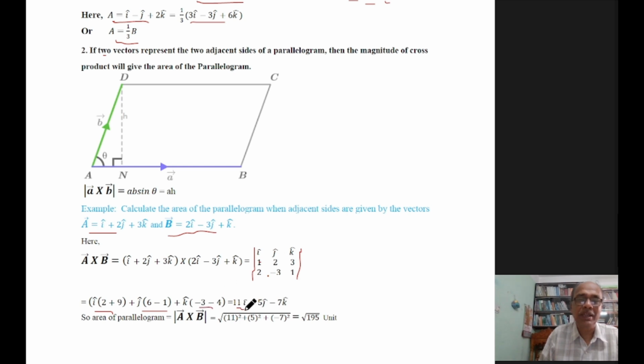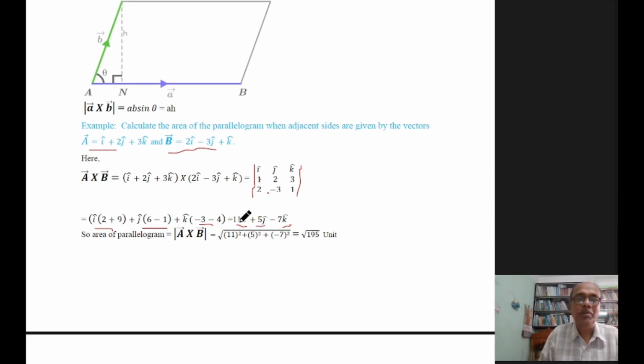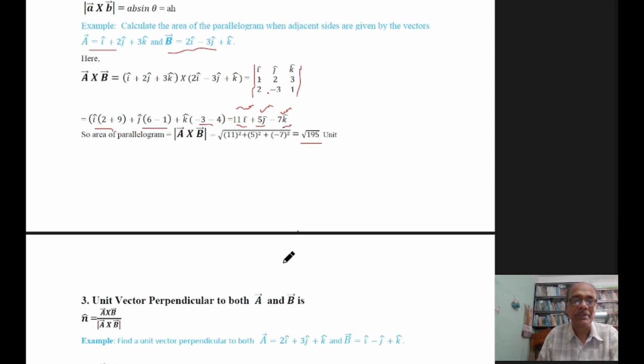So it will be 11i plus 5j minus 7k. Now what will be the magnitude of this? The magnitude of this vector equals root over of this square plus this square plus this square, so it will be root over of 195 units.